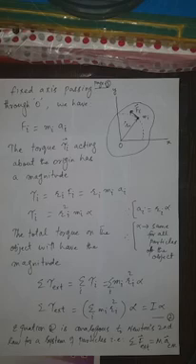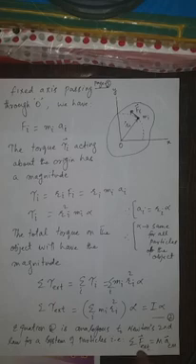We see that for an object constituting many particles, we say that summation F external is equal to the entire mass of the object into acceleration of center of mass.